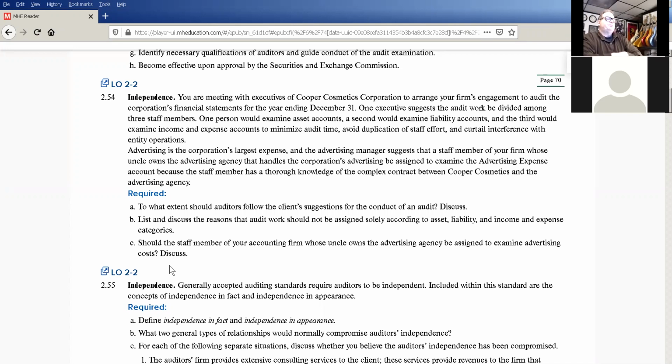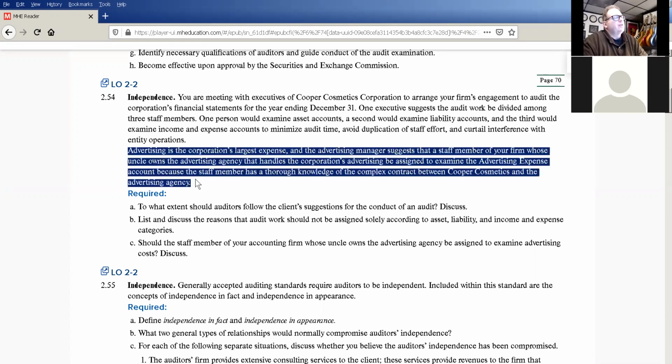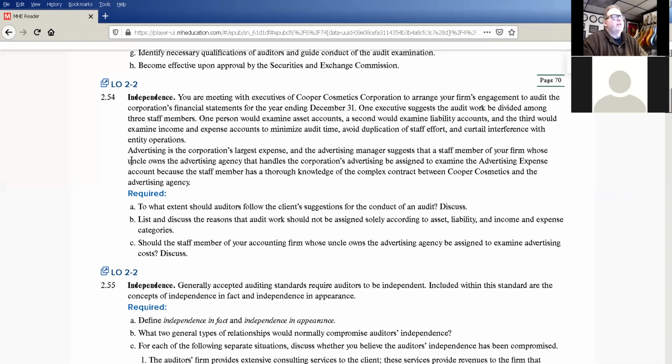Okay, let's go to the second one. It says the advertising agency is the corporation's largest expense. And there's a staff member whose uncle owns the advertising agency, and they suggest that person handle the advertising expense because they have knowledge of their complex contract with Cooper Cosmetics.